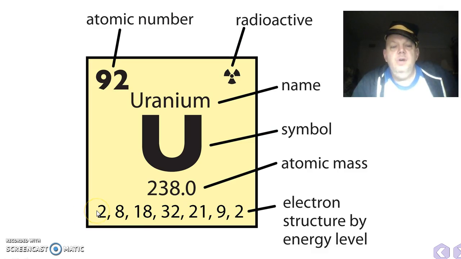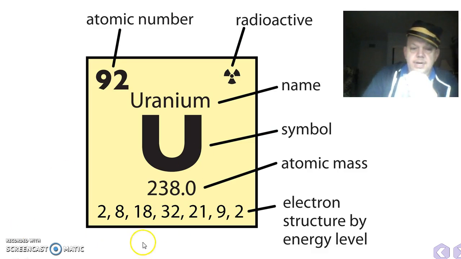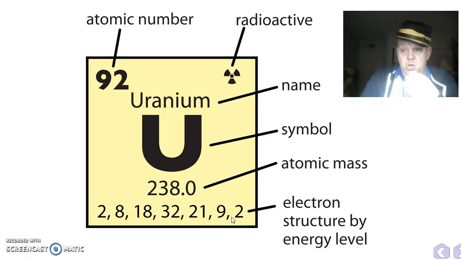See, right down here. Now, what are these? Well, these are the electron structure by energy level. How many electrons are in level 1? Well, that's 2 of them, right? In level 2, it would be 8. Think it would correspond with 2s with 2 electrons in it, think last chapter, and 2p, 6. And then level 3 with 18, level 4 with 32, level 5 with 21, level 6 with 9, and level 7 with 2.